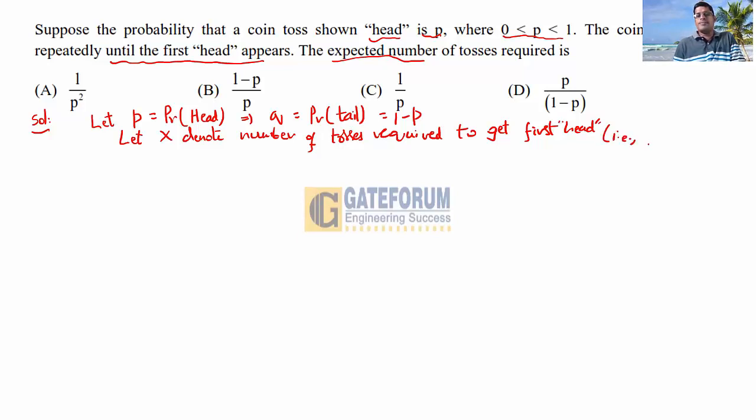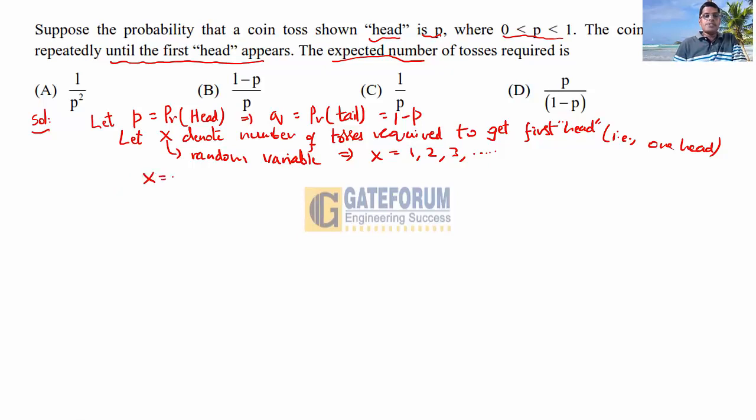So this X is a random variable, which is a discrete random variable. That is, X takes the value one toss or two tosses or three tosses, endless. We don't know where it stops. So the distribution table is capital X is equal to small x, and this is probability of small x. So small x is the value of capital X. This is 1, 2, 3, and so on.